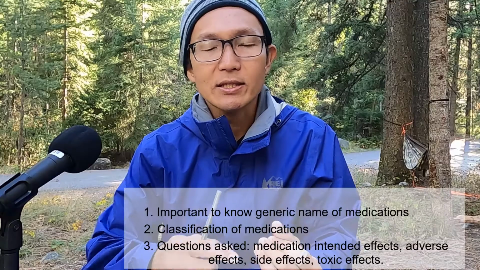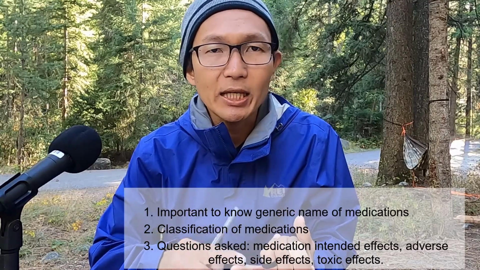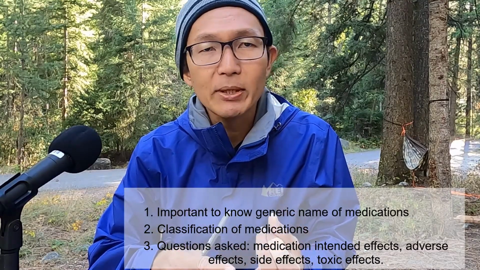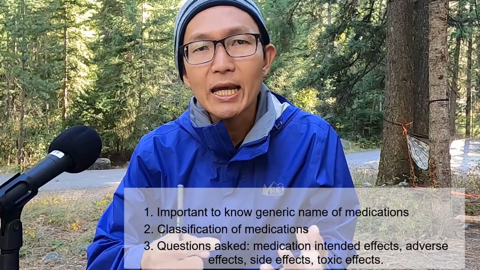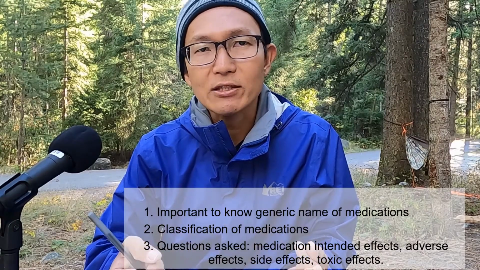For example, the ending name for a beta blocker is -lol. For ACE inhibitors, it will be -pril, like captopril, lisinopril, and so on. And number three, it's important also to know the question being asked, such as the intended effect of the medication, the adverse effects, the side effects, and also the toxic effects of the medication.